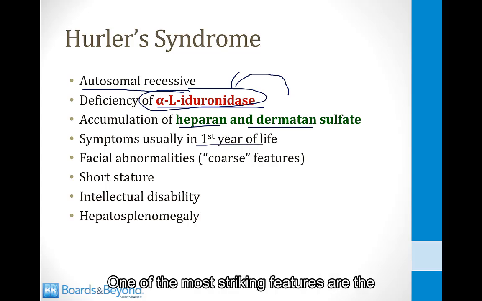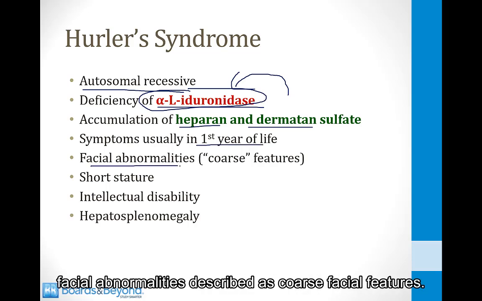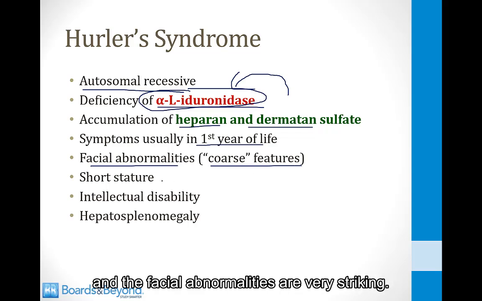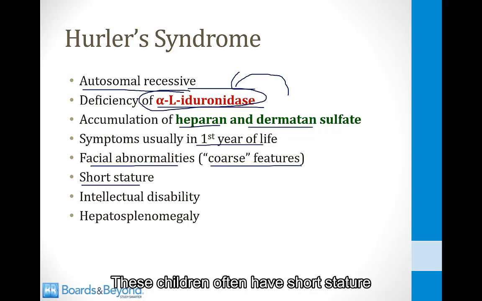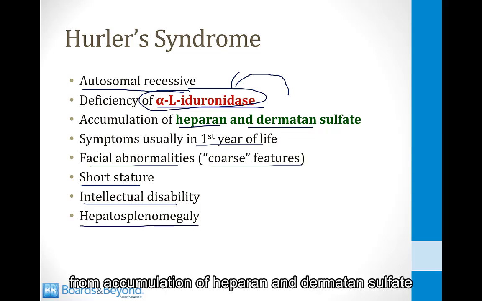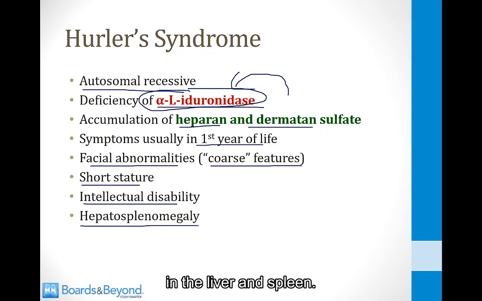One of the most striking features are the facial abnormalities described as coarse facial features. If you Google Hurler syndrome, you will see pictures of children with this disorder, and the facial abnormalities are very striking. These children often have short stature and intellectual disability, and they also commonly develop hepatosplenomegaly from accumulation of heparan and dermatan sulfate in the liver and spleen.